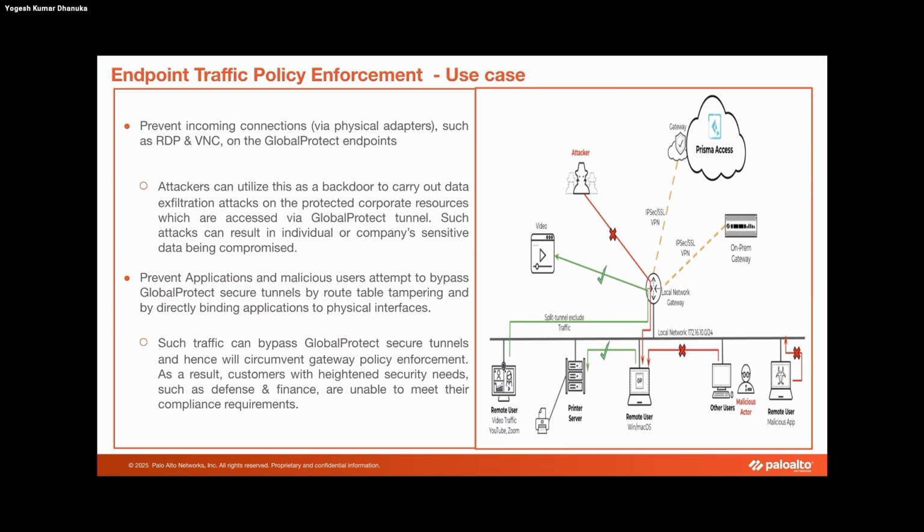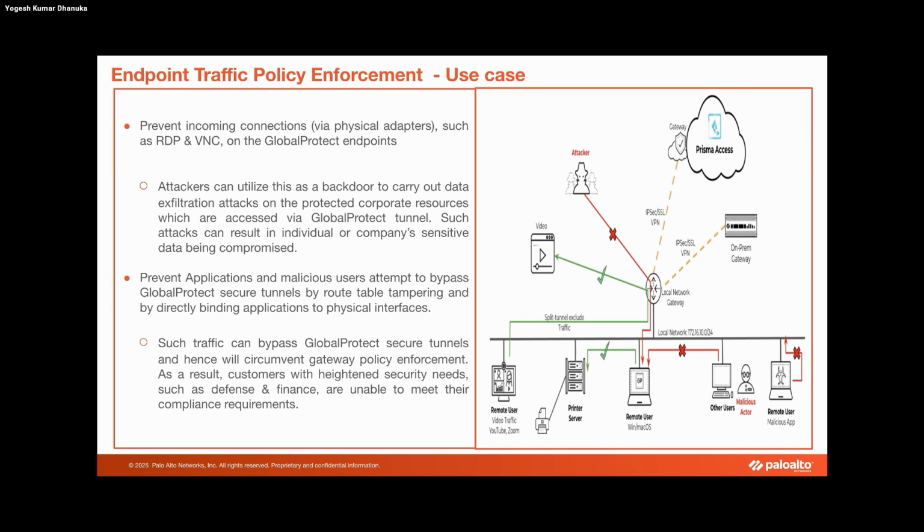They can find out open ports on your system, and they can try to connect to one of the open ports, which might allow an attacker to get access to your system and then do a lateral movement to your organization. This can happen in a corporate environment as well.